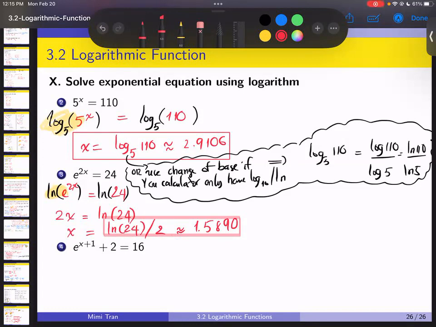My Zoomers, if you have an answer, you can put it in the chat. You can give me the approximation. Easier to type.